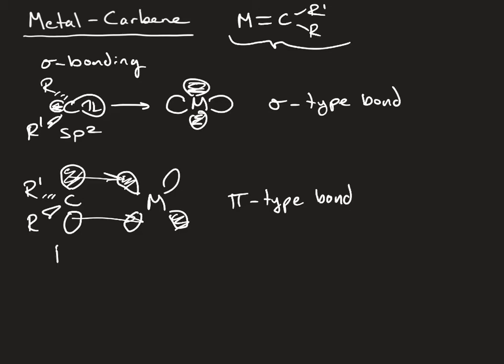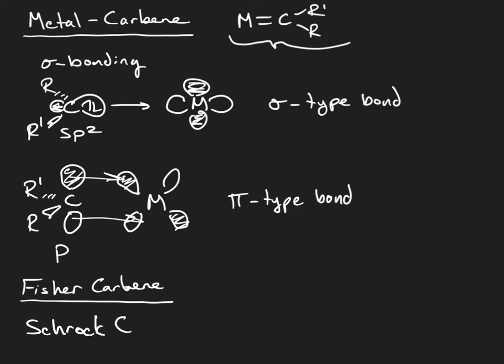Depending on the energetics of the p orbital, you can have two different types of metal carbene compounds, so-called Fischer carbenes and Schrock carbenes.